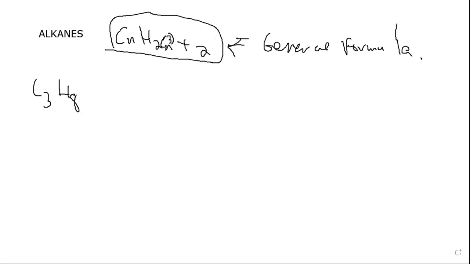So how the naming goes is like this. It starts with meth, which means 1 carbon. Then ethane, then propane and butane. It's 1, 2, 3, 4.